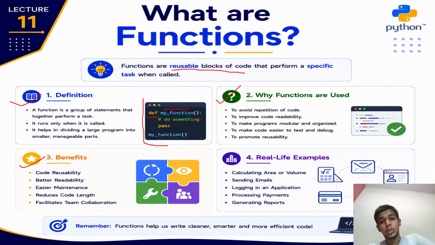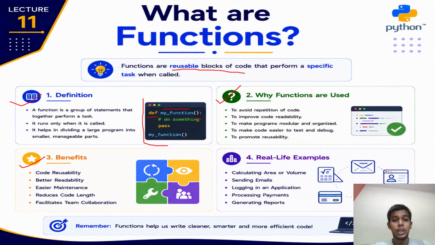Functions also reduce the total length of our code and make it more organized. When multiple developers work on the same project, functions help different team members work on separate parts of the program without creating confusion.